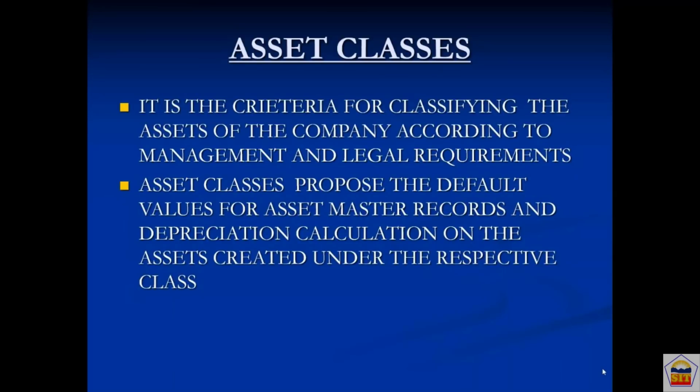Then you will also have the information about which cost center, profit center, department, and location that asset is allocated to. This information we will be maintaining in the asset master record. Any information related to the calculation of depreciation, we will put in the depreciation calculation segment. So for any of your asset classes, you will have these two segments.